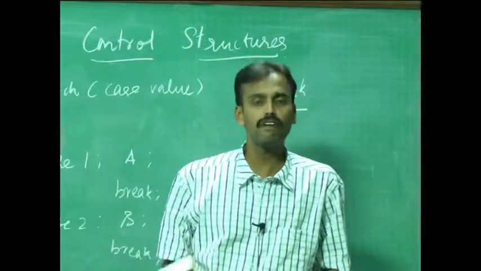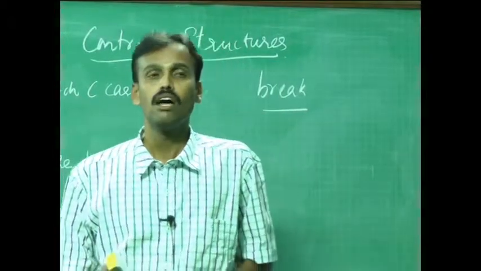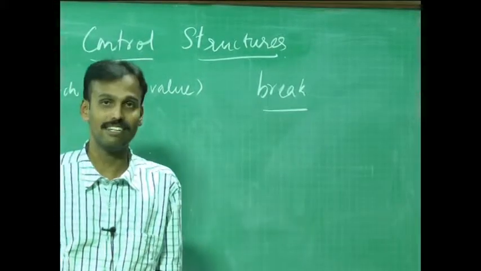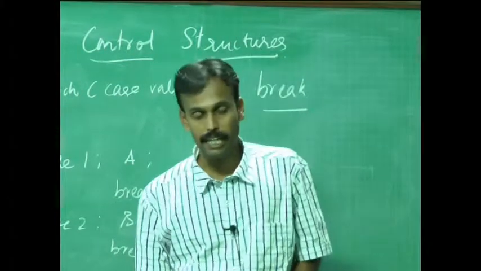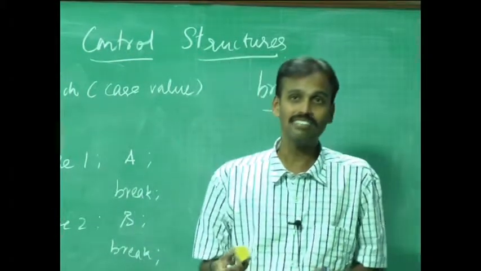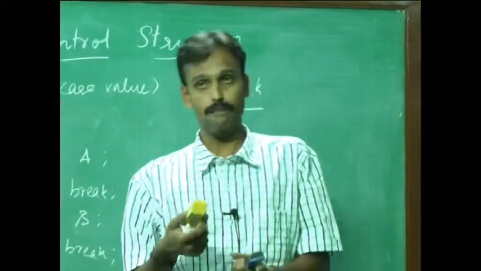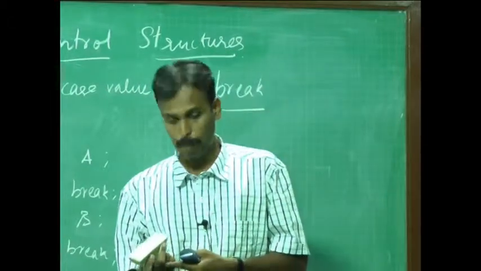The common uses of break statements are to escape early from a loop, and to skip the remainder of the switch structure. These are the examples where we make use of a break statement. I repeat again, a break causes an immediate exit from either a while block or a for block or a do while block or a switch structure where we make use of it.